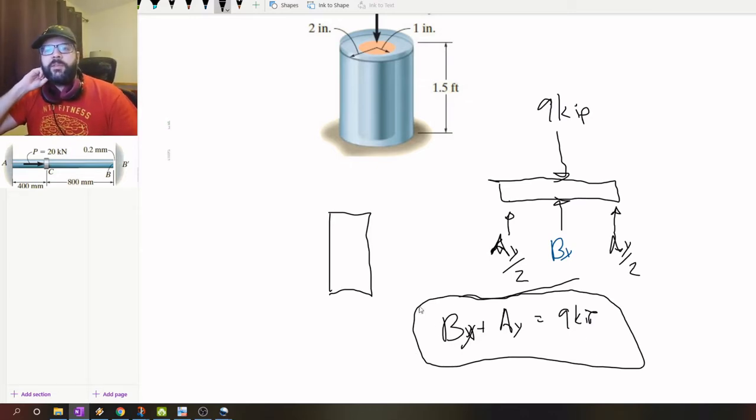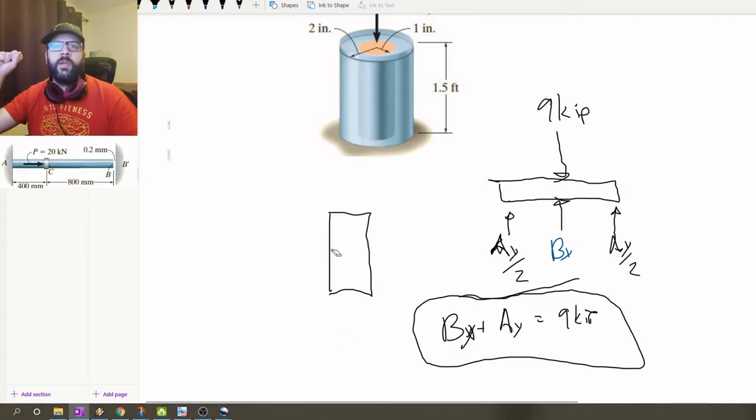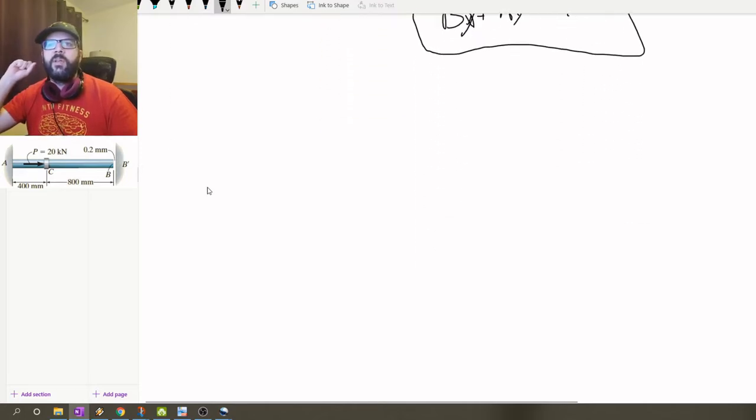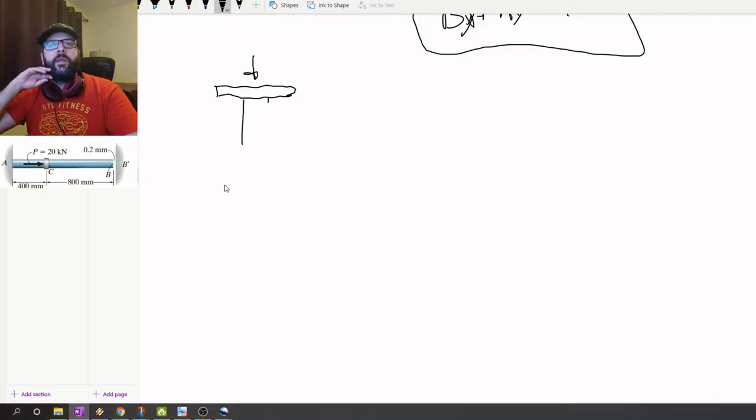But we do know that the 9 kip load is going to be shared amongst the two materials. If we use the principle of superposition, we can determine a compatibility condition that works. So if we're looking at this, when the cap gets pushed down, then the brass core and the aluminum need to be compressed equally.